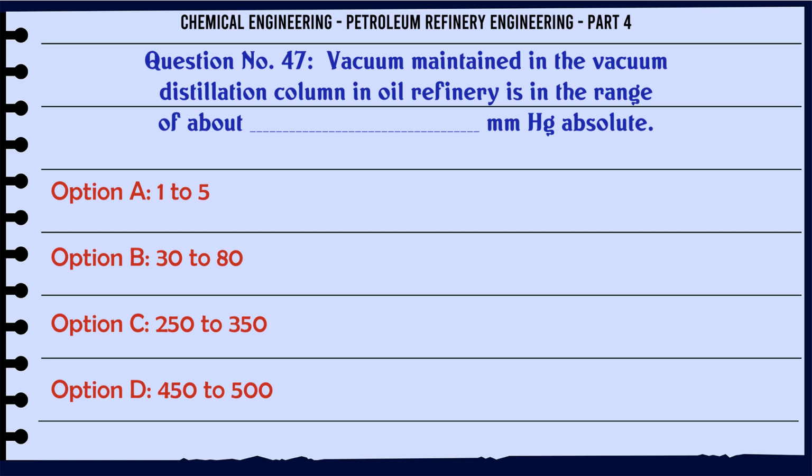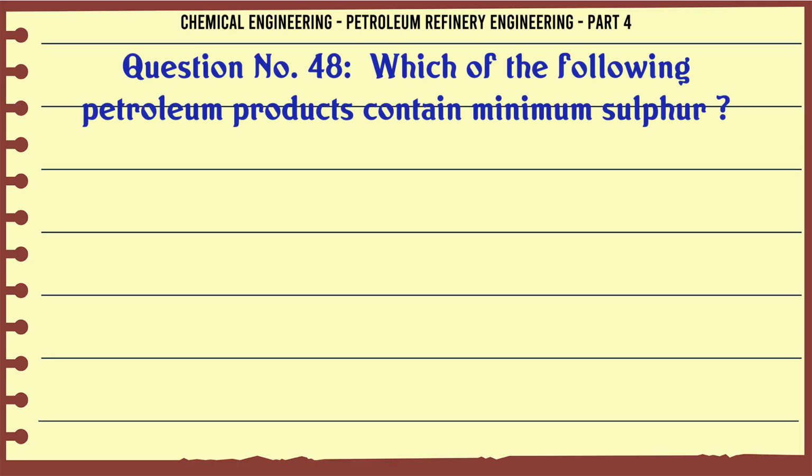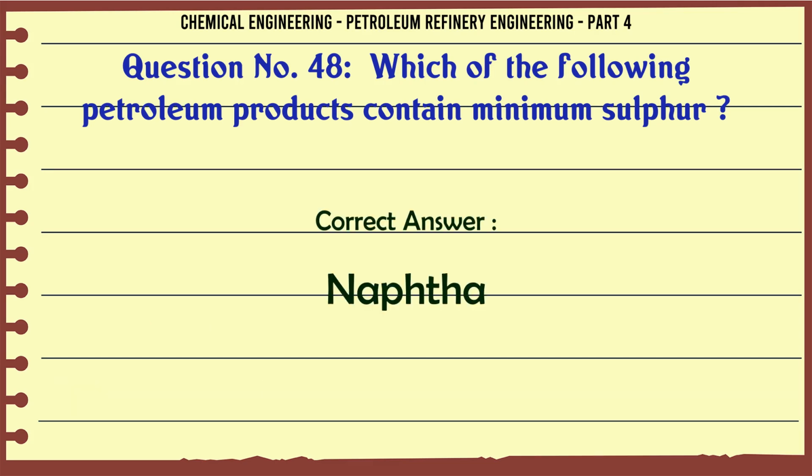C. 250 to 350. D. 450 to 500. The correct answer is 30 to 80. Which of the following petroleum products contain minimum sulfur? A. Naphtha. B. Kerosene. C. LSHS. D. Furnace oil. The correct answer is naphtha.